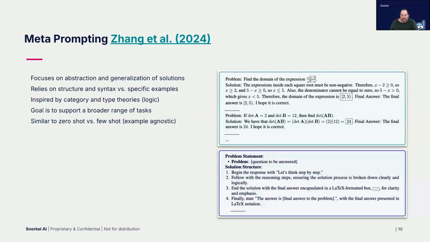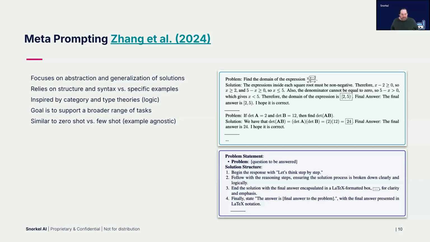And I think the idea here is that when you provide concrete examples, the model is not able to generalize to a broader range of tasks, right? If you have problems that deviate too far from that concrete example, you might find that the model is coming up short.